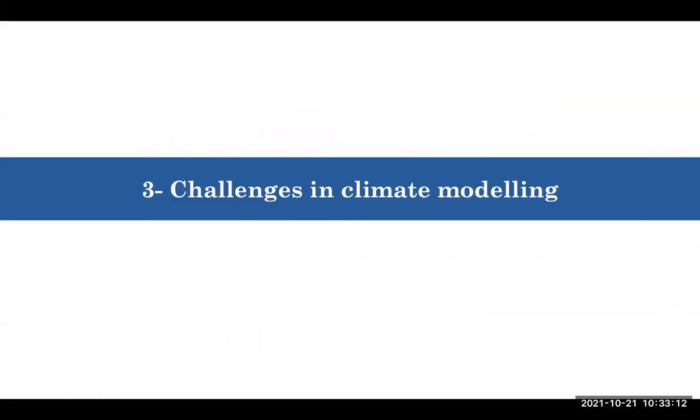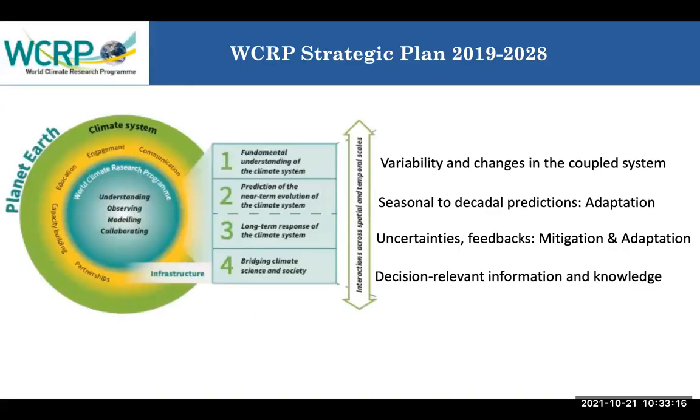I would like now to focus on the challenges in climate modeling, starting with the World Climate Research Programme strategic plan, which has been issued recently, and for which models play a role together with, of course, observations and different ways of understanding how things work.